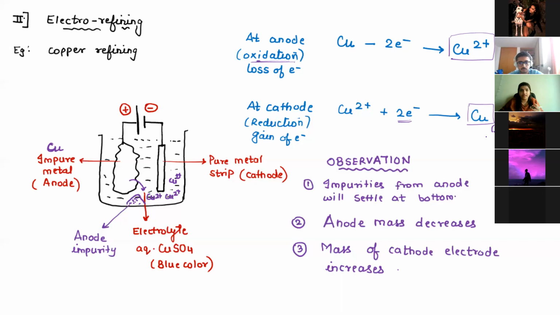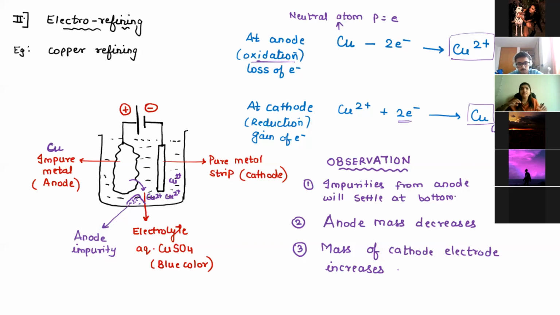Okay, Miss, could you explain the charges, like why Cu in anode is neutral and then it becomes ionized? See, copper is a metal, but when it loses electrons, what will happen? In a neutral atom, protons are equal to electrons, correct?